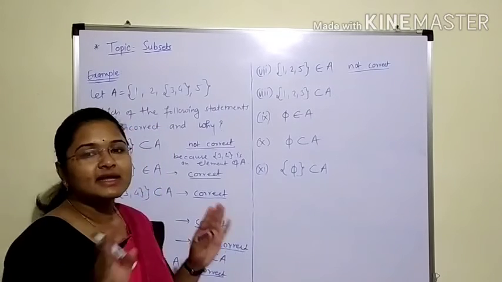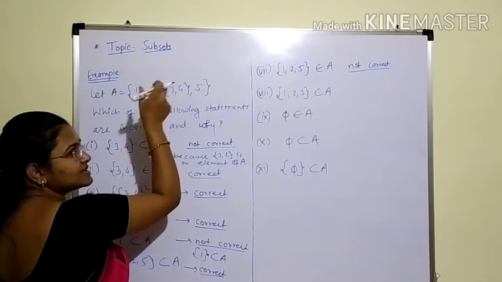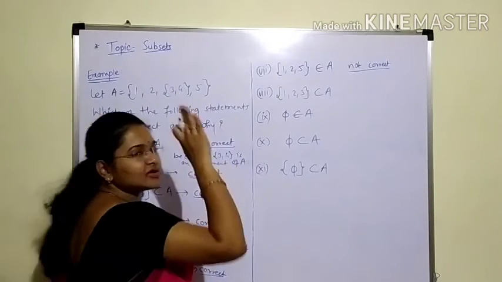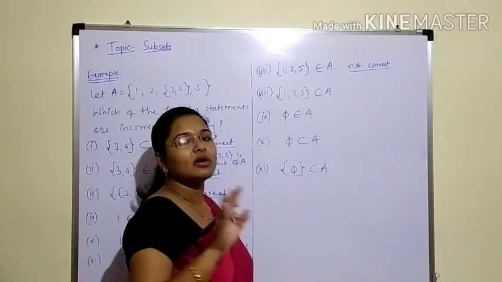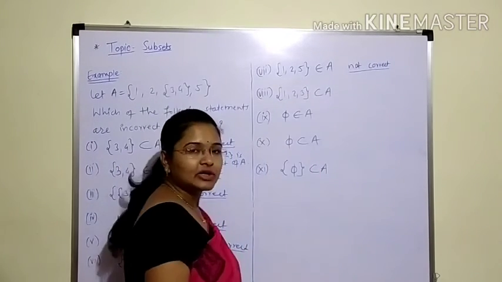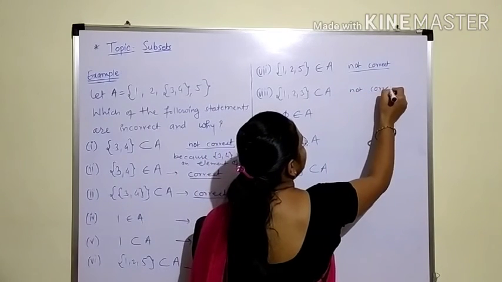So this is not a correct statement, because in set A, the set {3, 4} is an element of A. 3 is not an element of A. Getting? 1 and 2 are there, but 3 is not an element of A. So we cannot take this set as a subset of A. So this is not a correct statement.